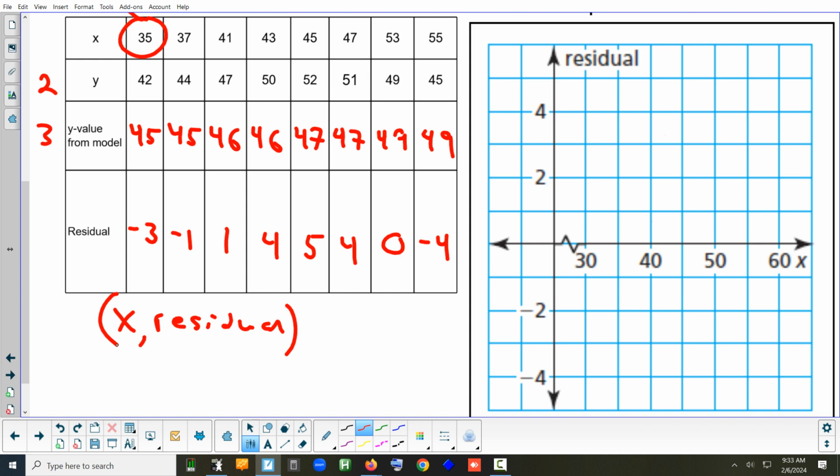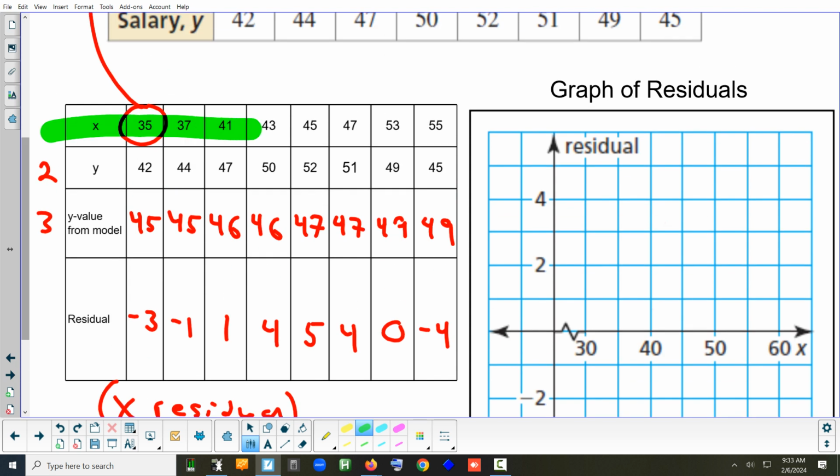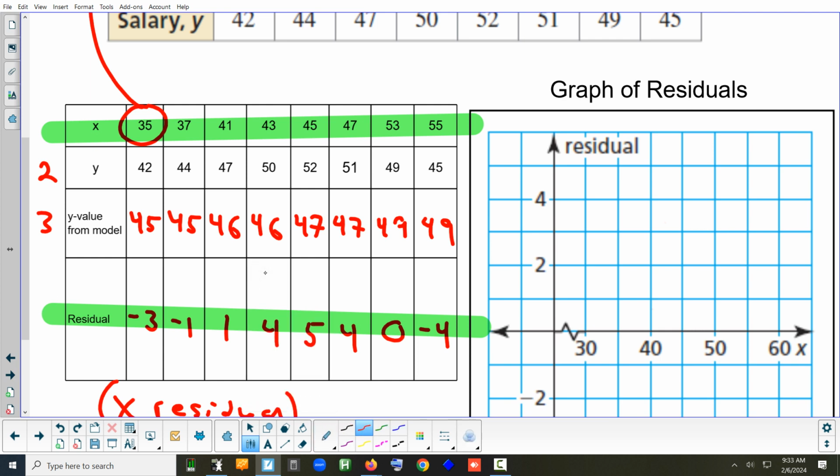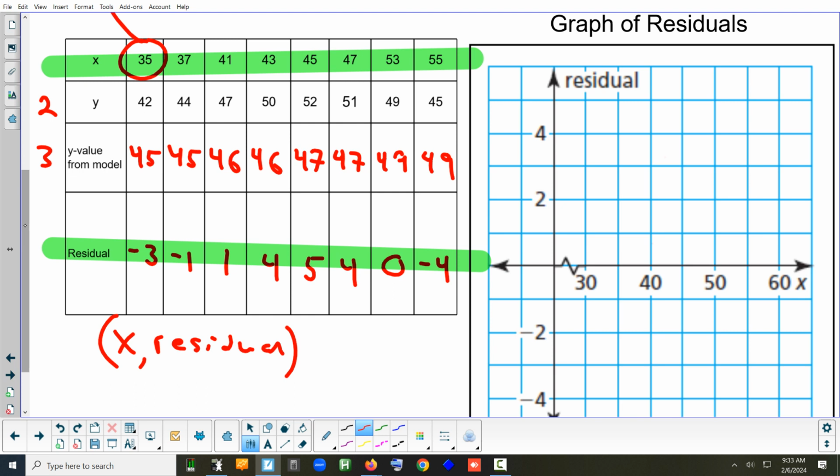This is going to visually show you how far away your data points are. Again, there's x, there's your residuals. The first one is 35, negative 3. Next, 37, negative 1.